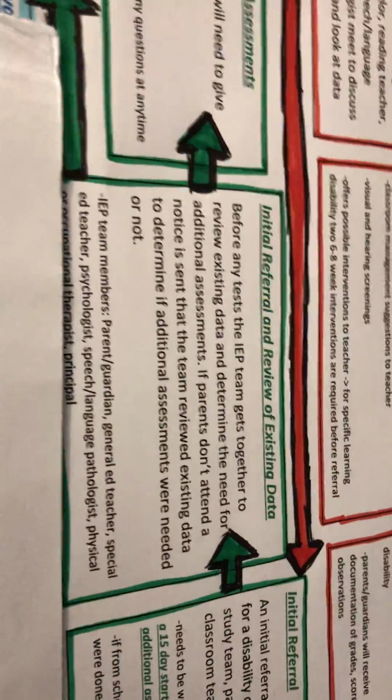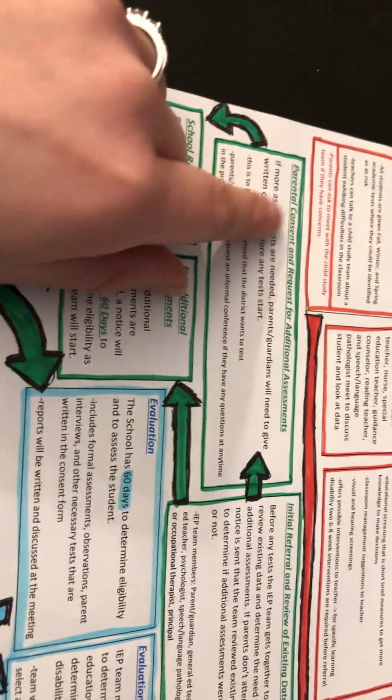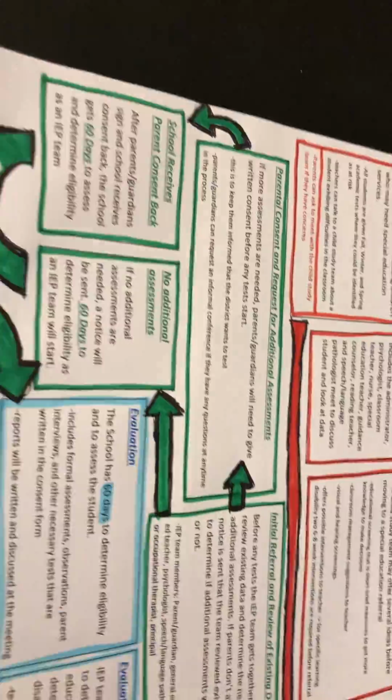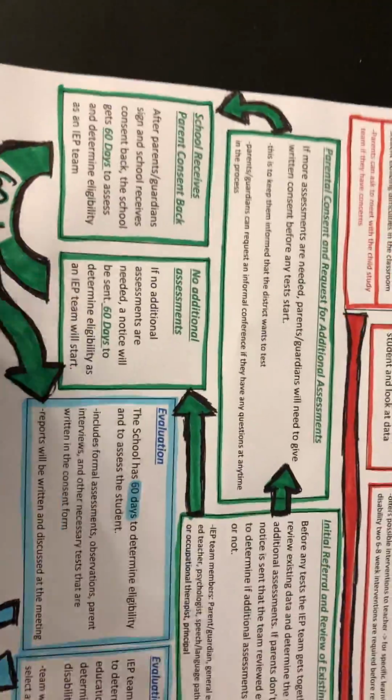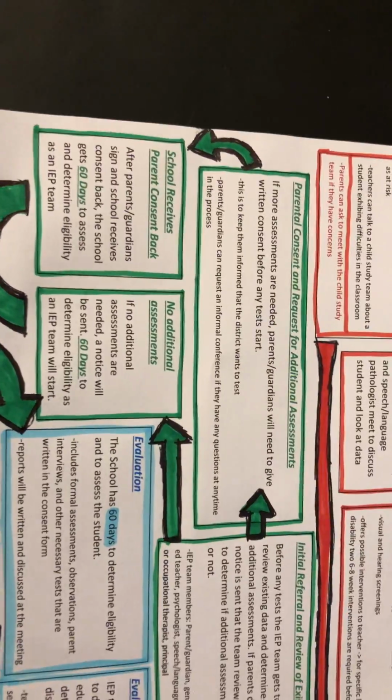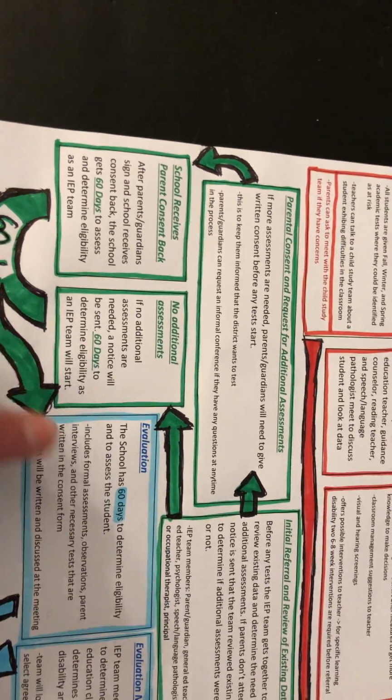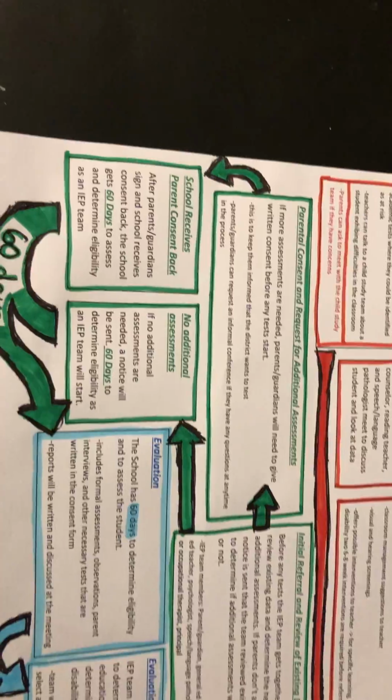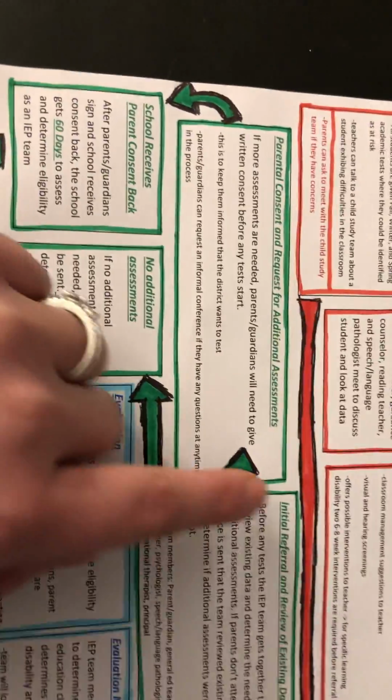If from here, when we review the existing data, we determine, do we need additional assessments or do we not need additional assessments? If we don't need additional assessments, we send a consent saying that none are needed, and we have 60 days to get together as a team to determine if the student has a disability or not and has a need for special education.